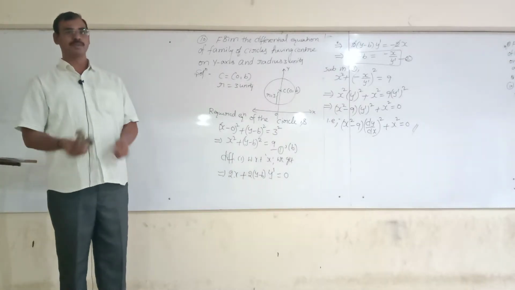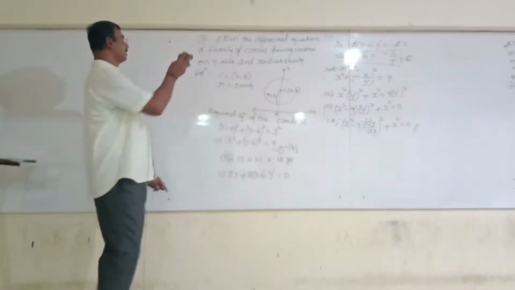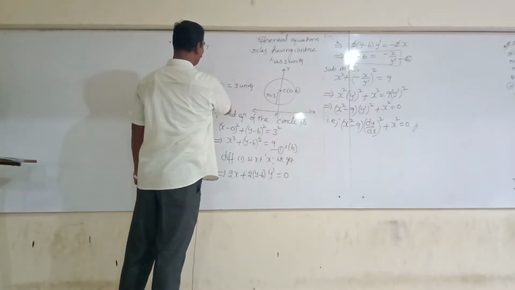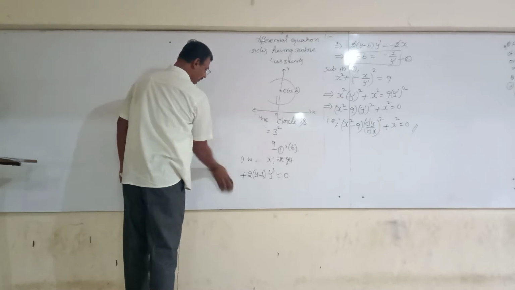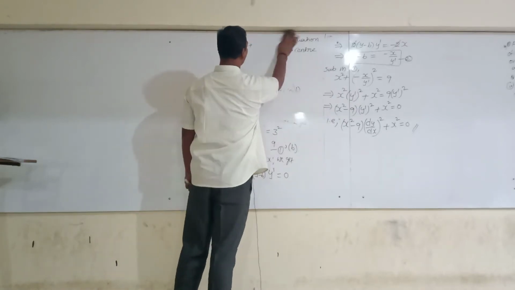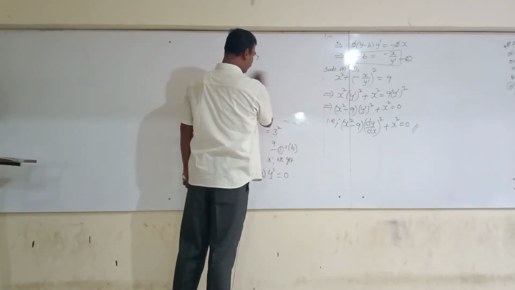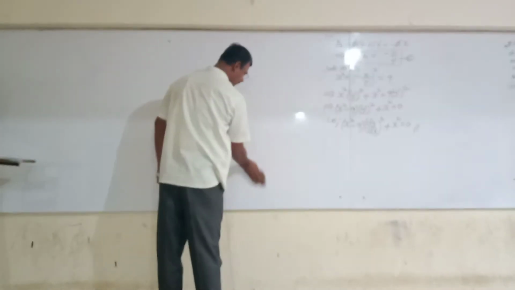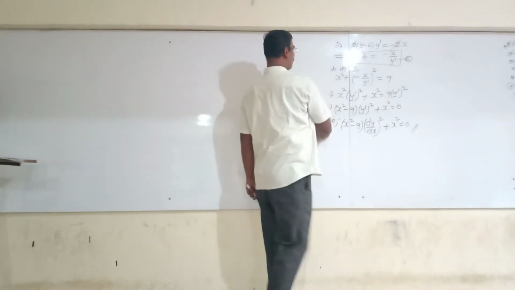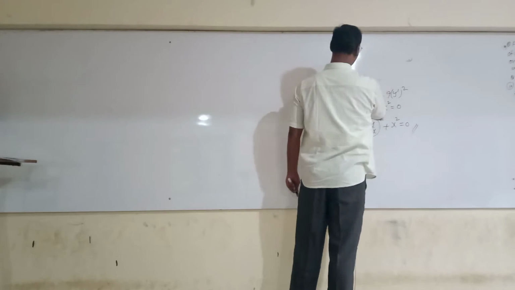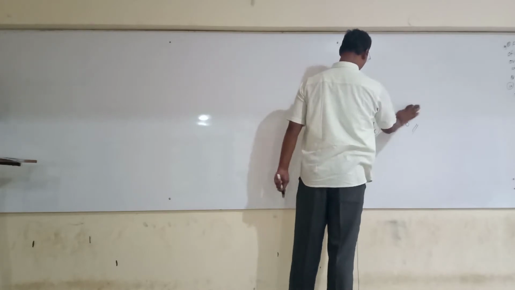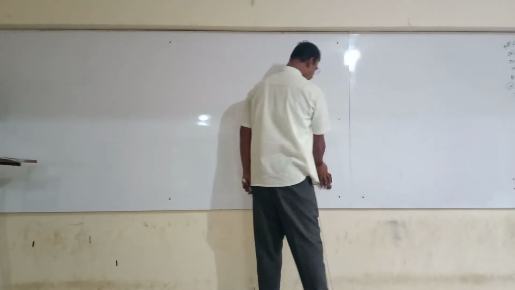Today I am going to continue with permutations and combinations. Last class I explained the fundamental principle of multiplication and the fundamental principle of addition. What is the fundamental principle of multiplication?